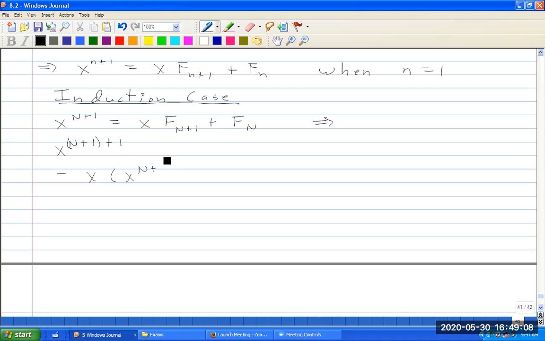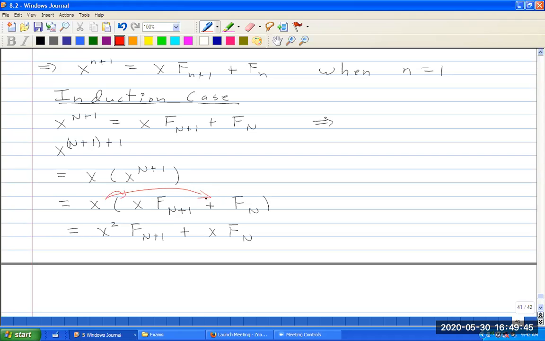So this is equal to x times, well, by the induction hypothesis, we assume that x to the power n plus 1 is just x times f sub n plus 1 plus f sub n. So this is equal to x squared f sub n plus 1 plus x times f sub n, just multiplying the x inside the parentheses.